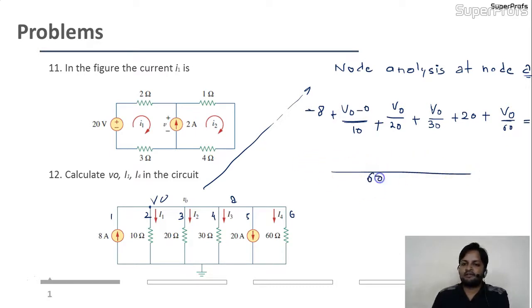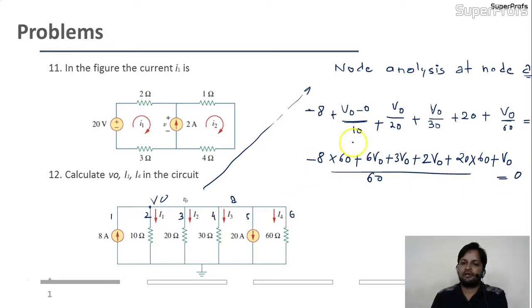You can take LCM 60. It is minus 8 into 60 plus 6 V0 plus 3 V0 plus 2 V0 plus 20 into 60 plus V0 alone equal to 0. How many V0 do we have? 6, 3, 9, 11 and 12. 12 V0. This minus 20 into 60 will go this side, and 8 into 60 will come this side.